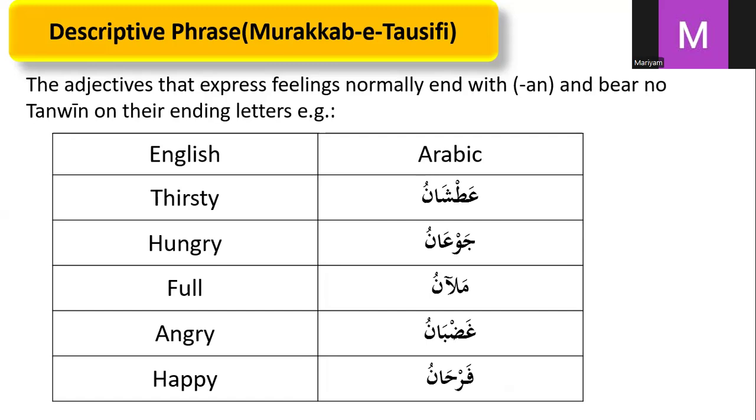So achanu, jawanu, you can see that they end with only one dhamma. The adjectives used to express feelings end with one dhamma. If it is one dhamma, that means it may be one kasra or one fatha.